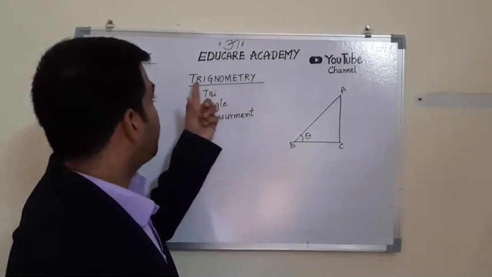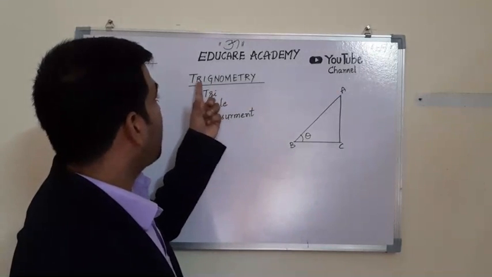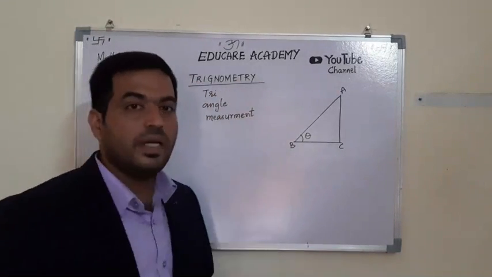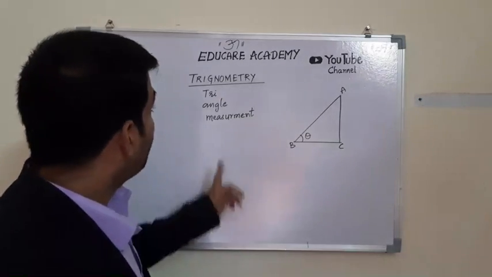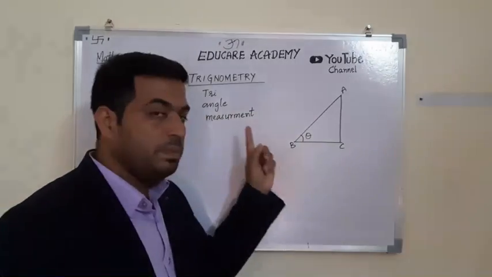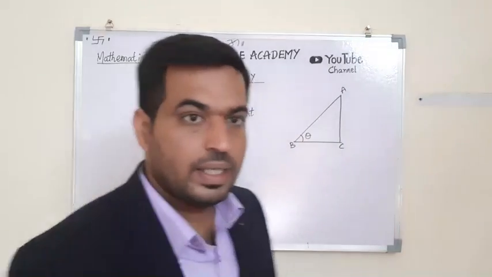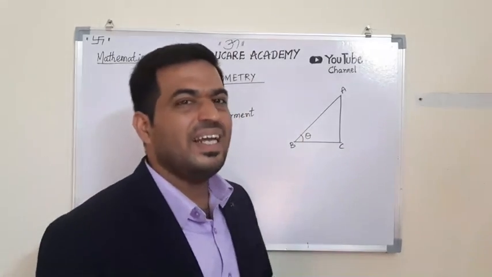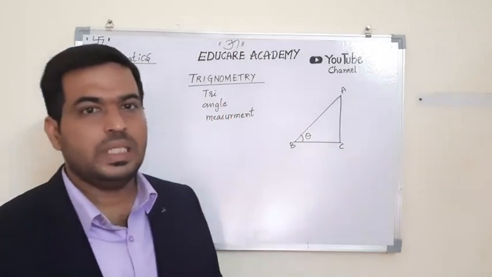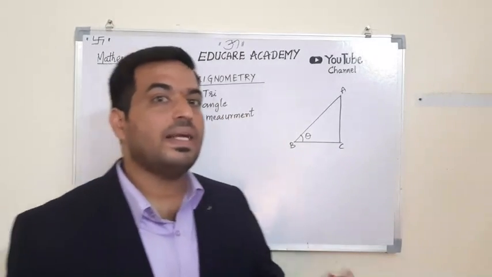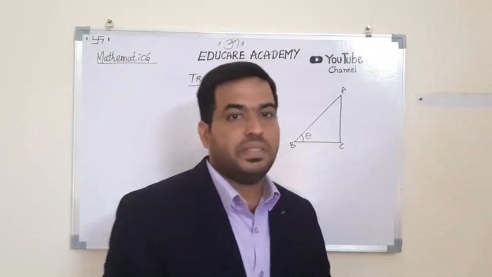Trigonometry consists of three words: tri means three, gono means angle, and metron means measurement. Basically these words came from Latin. So it's a three angle measurement. It is purely related to the relation between the angles of the right angle triangle and the measurements.